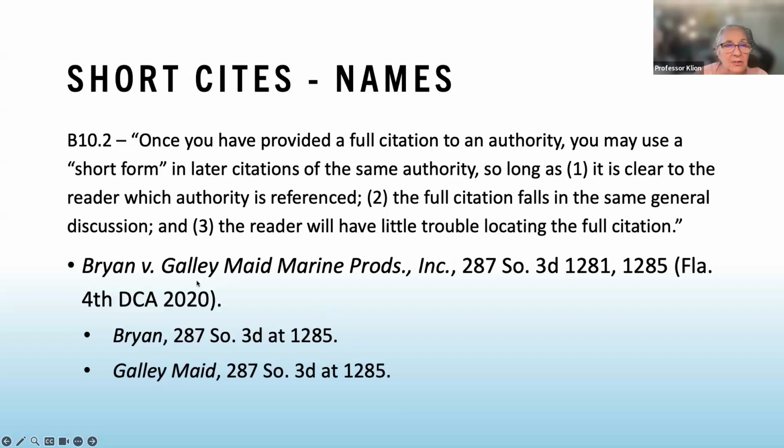You don't have any other cases in your universe that talk about Galley Made Marine Products or anything similar. So Galley Made would be equally as clear. So please not only use short cites, but make sure you shorten the names of the parties in your cites.